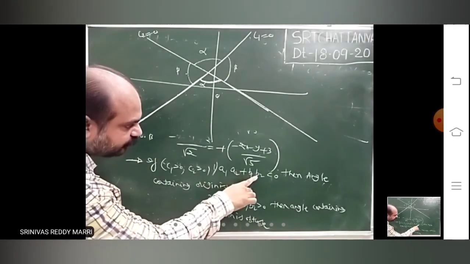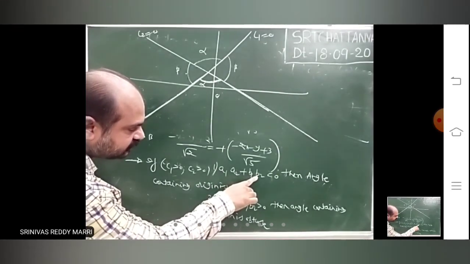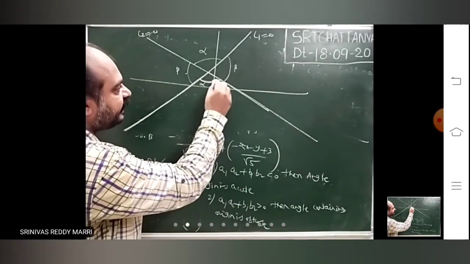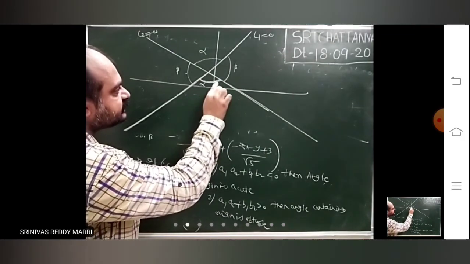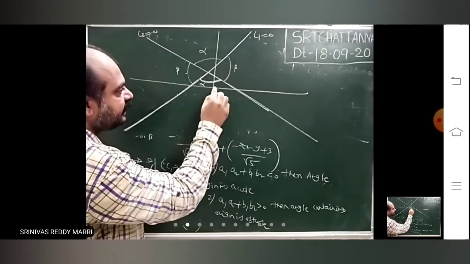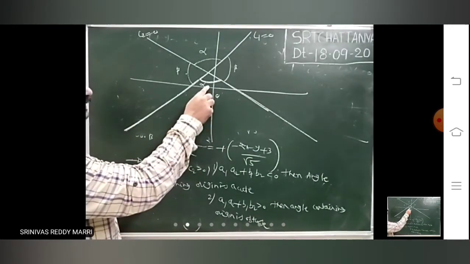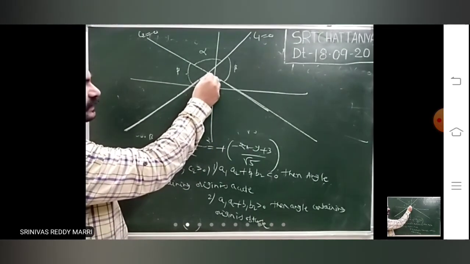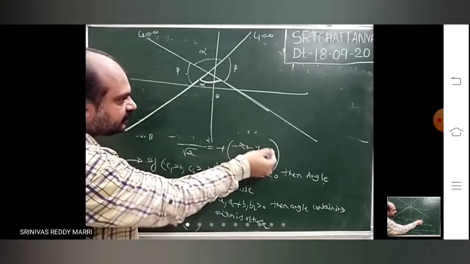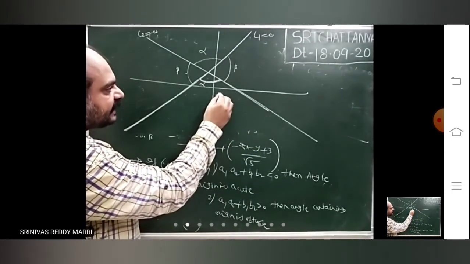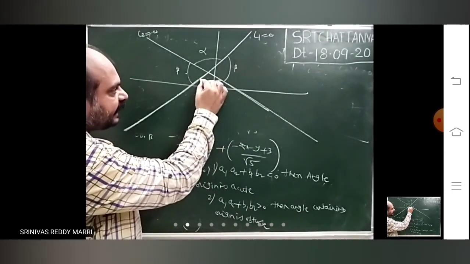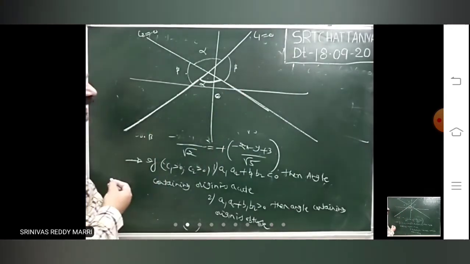If A1 A2 plus B1 B2 is less than 0, this angle alpha is acute. That means this angle and this angle, the angle containing origin, means this region.